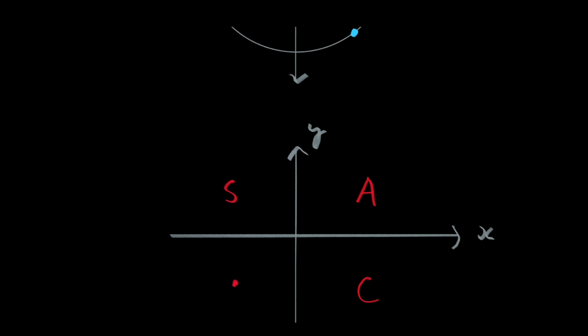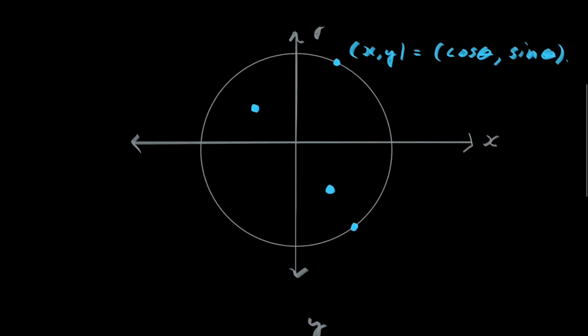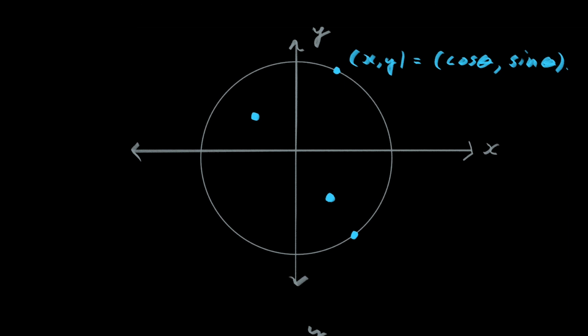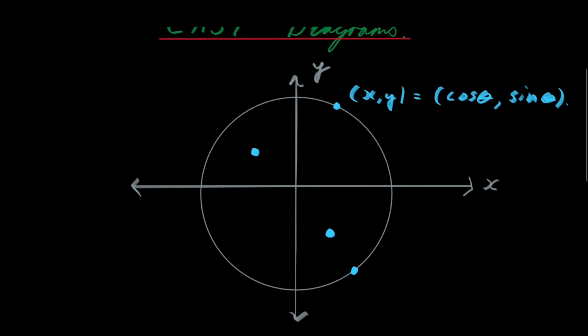Now we will consider what we should put in this quadrant, and the title, cast diagram, probably gives it away, but let's do it anyways. In this quadrant here, we are dealing with negative x values and negative y values.